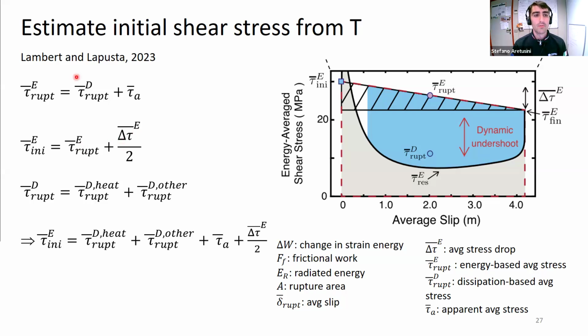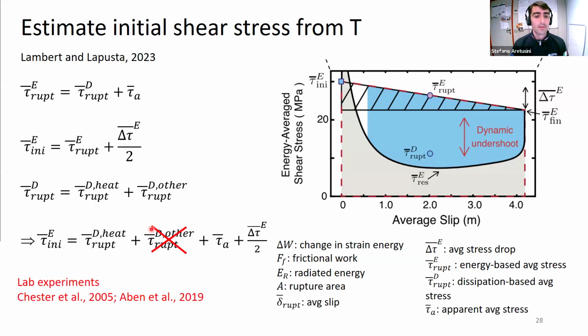Whereas the dissipation-based shear stress has two main contributions, one heat contribution and one non-heat contribution. So we end up replacing in this equation and obtain the absolute level of shear stress as a contribution of at least 4 elements. 2 are based on dissipation and can be estimated with laboratory experiments, 1 comes from the radiated energy and 1 comes from the static stress drop.